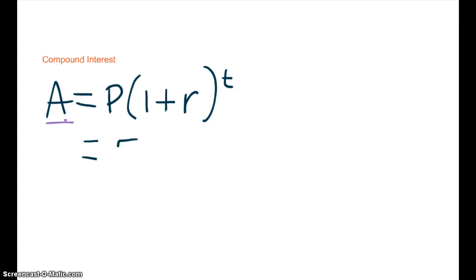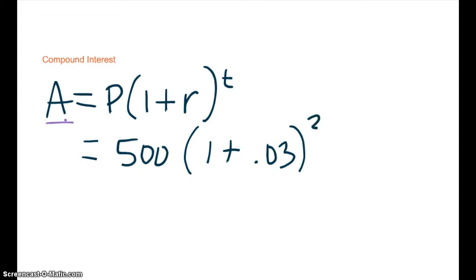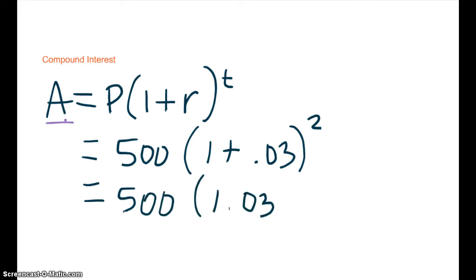So that would be $500 times 1 plus our rate, which was 3/100, to the power of 2, since we're investing for 2 years. So then we're going to say $500 times, let's use order of operations, so 1.03 squared.